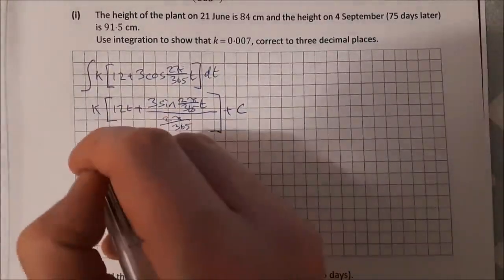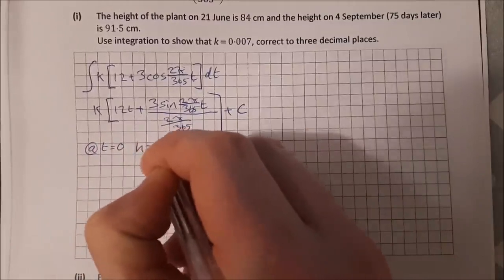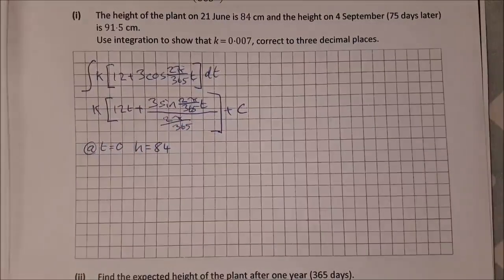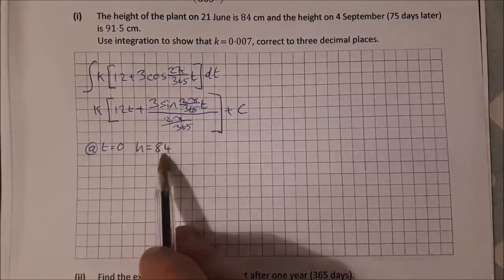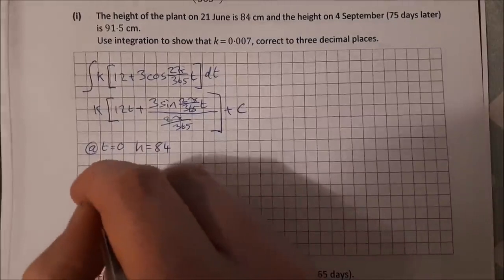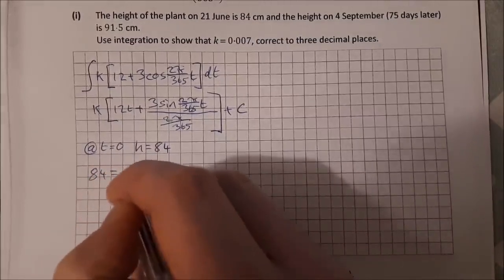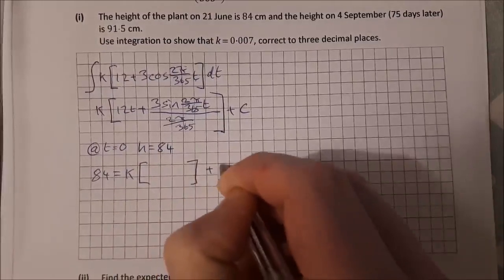Now, we're told that at t equal to 0, h is equal to 84. So if I sub in 0 into here, my answer is 84. So I can say 84 is equal to k times what's in the brackets plus c.